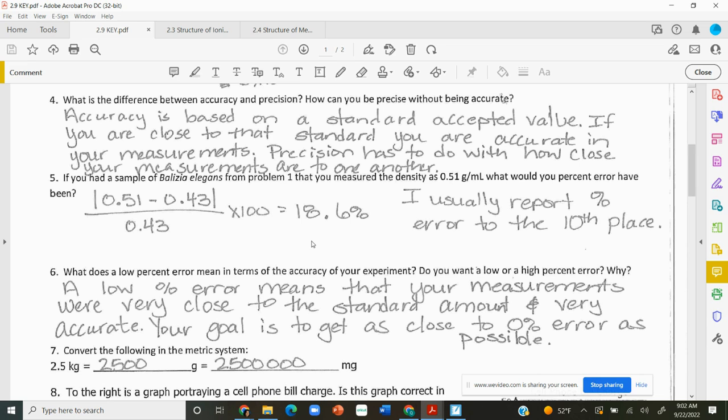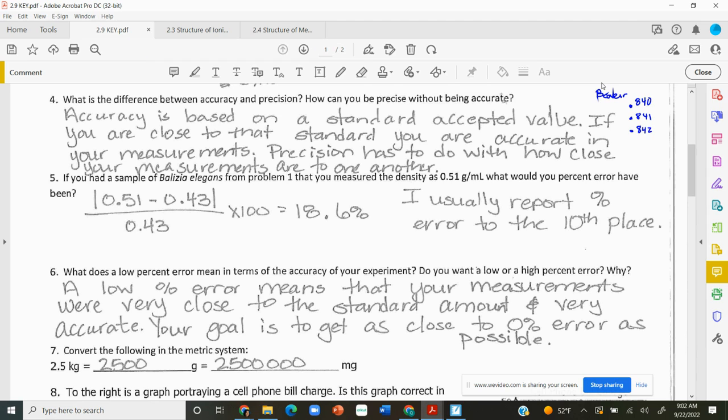So when we did the density lab, if you remember that, you had a beaker and you calculated the density for that. So let's say for your beaker, your densities came out to 0.840, 0.841, and 0.842.